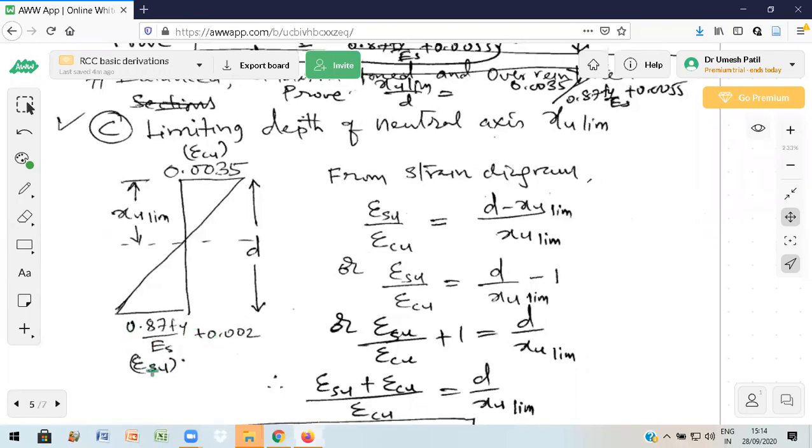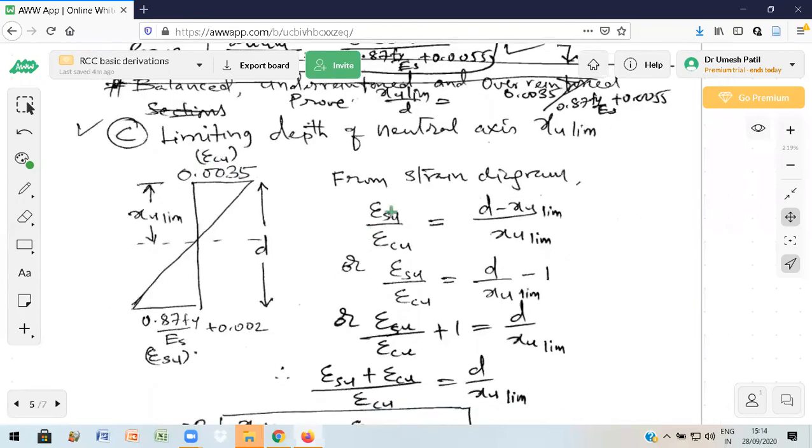In the calculation I'll write εsu, which means ultimate strain in steel rods. In place of 0.0035, I can write εcu, the ultimate strain in the concrete top fiber.